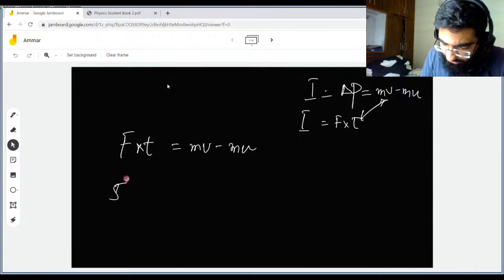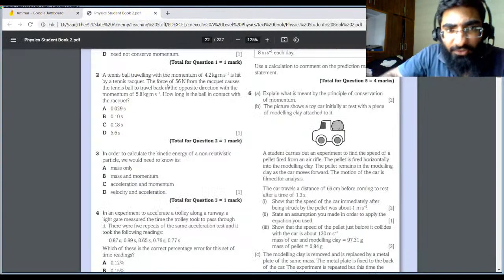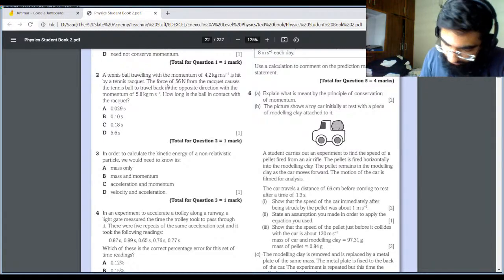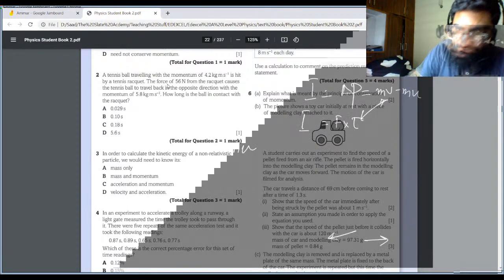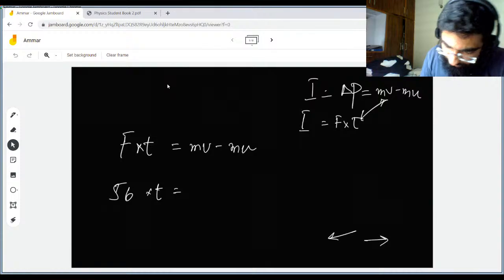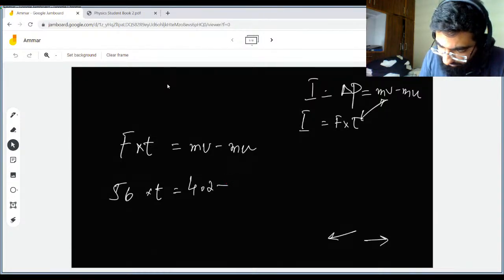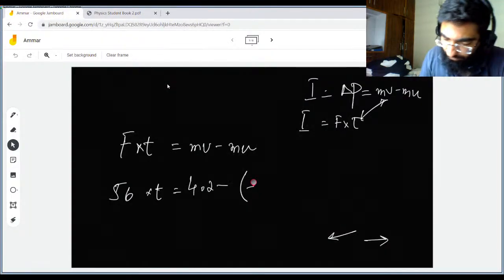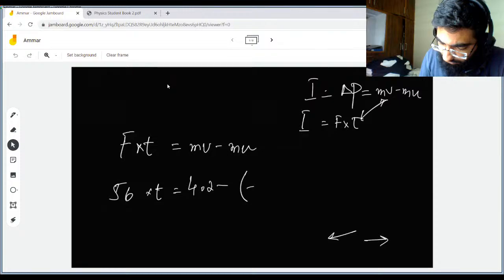56 into time is equal to mv minus mu. Assuming this is the positive direction and this is the negative direction, the initial momentum going towards the racket is 4.2, minus going away from the racket, it is 5.8, minus 5.8.